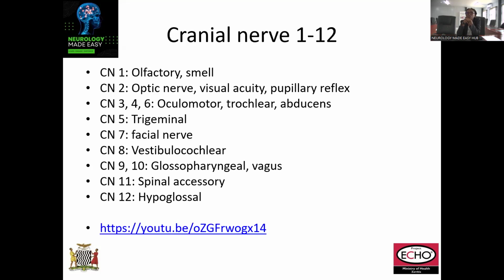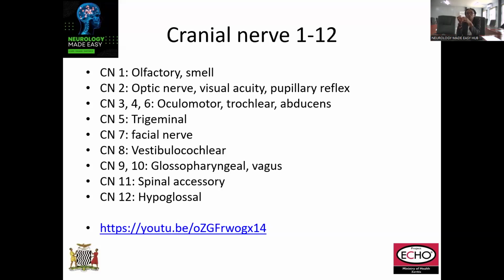There's 12 cranial nerves. The olfactory is for sense of smell. The optic is for visual acuity. 3, 4, and 6 are what helps the eyes to move in all directions. The trigeminal has a sensory component for the face, and also the muscles of mastication, that is your chewing. The facial nerve is what's responsible for all the facial muscles, all this expressiveness that we exhibit on our faces as a result of the facial nerve.